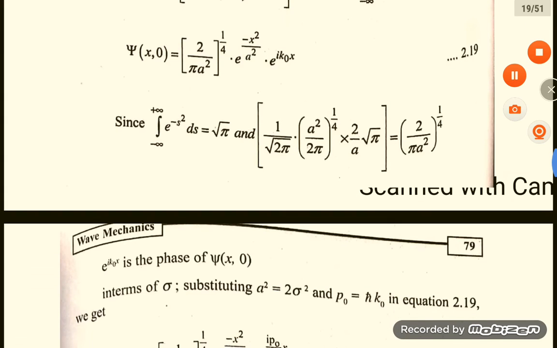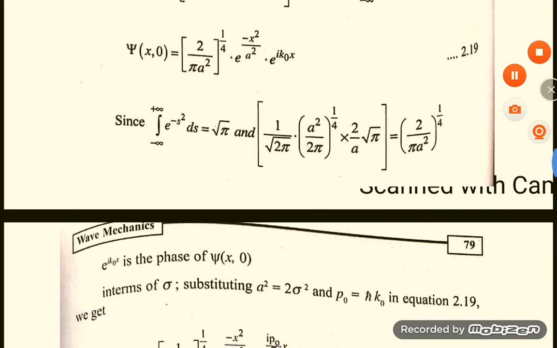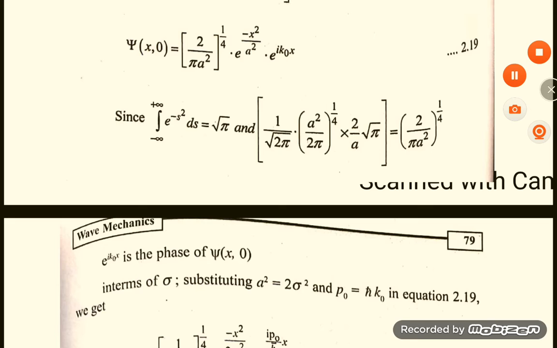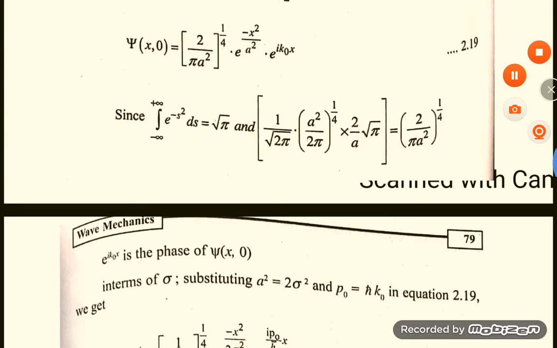So e power i k naught x is the phase of psi of x,0. Here in this term, just imagine that e power i k naught x is the phase of the psi wave function.